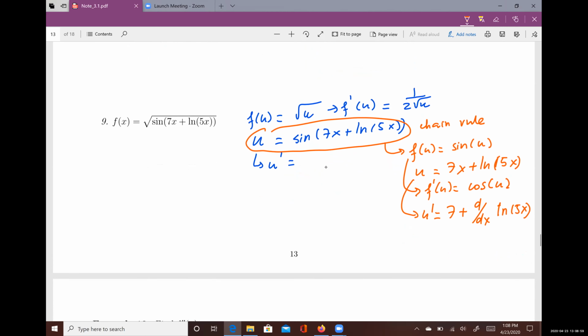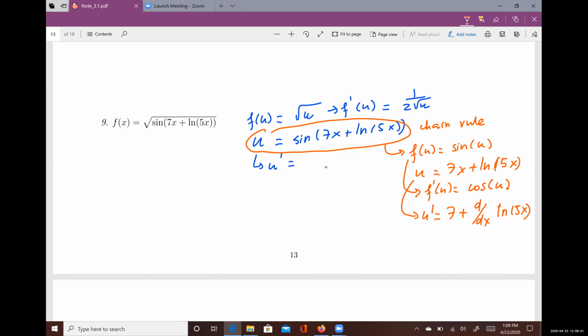Again, in order to find the derivative of natural log of 5x, you've got to use chain rule again. For this derivative, f of u equals natural log of u, and u equals 5x. Okay, so if f of u is natural log of u, then f prime of u equals 1 over u, and u equals 5x, so u prime equals 5.